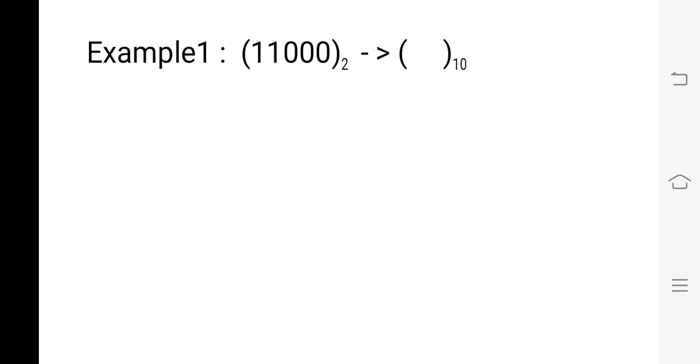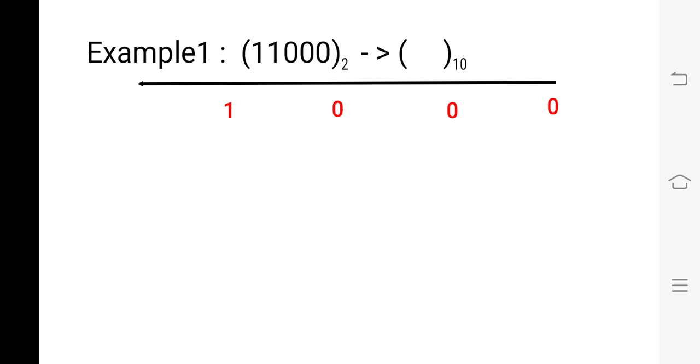In this we have a binary number 11000. We have to use the expanded form. We start from right to left. We note down the binary digits in expanded form.